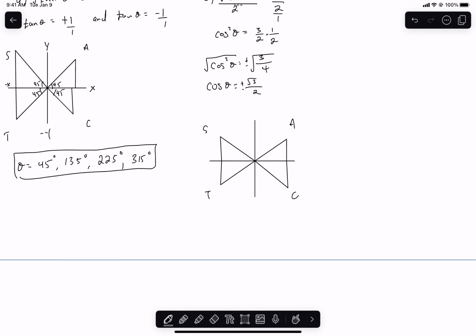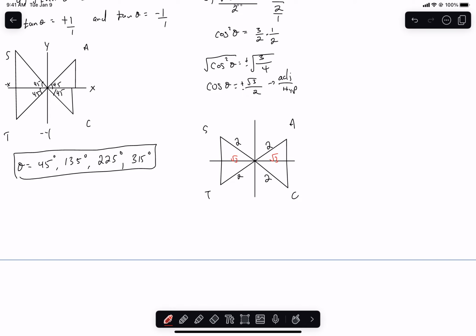Now our question has to be, how do I get a ratio of root 3 by 2? Well, the 2 in the denominator indicates that it has to be the 30, 60, 90 triangle, not the 45, because you get a root 2 on the hypotenuse for that one. And cosine is going to be adjacent by hypotenuse. So that must mean that in each of these triangles, this side length here must be root 3.